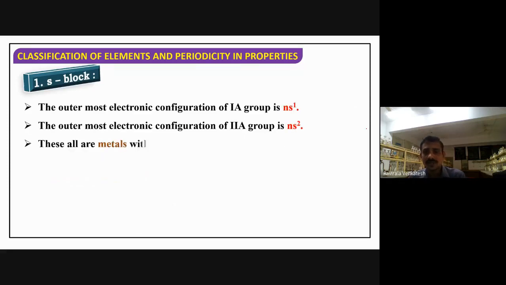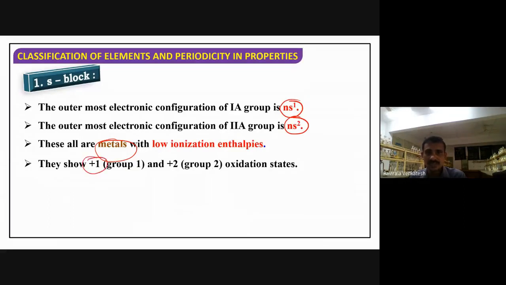Now, first A group configuration will be ns1. Second A group configuration will be ns2. Generally, these are all metals. If they lose this one electron, they show +1 oxidation state. If they lose 2 electrons, they show +2 oxidation state actually.